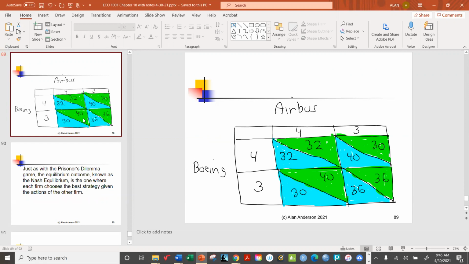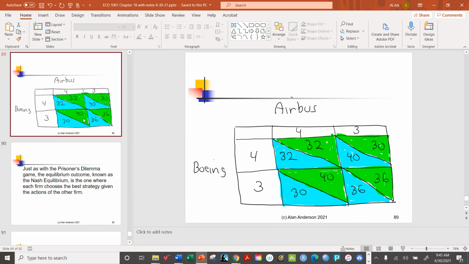Now, if you look at these decisions, Boeing is getting a $32 million payoff. If they drop their output to 3, they will lose $2 million. If, on the other hand, Airbus, now remember, Airbus is making their decisions across this top row.